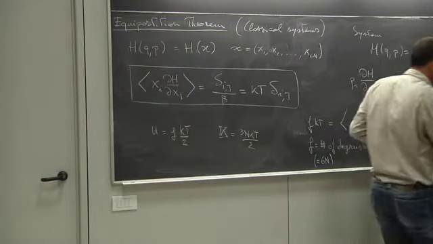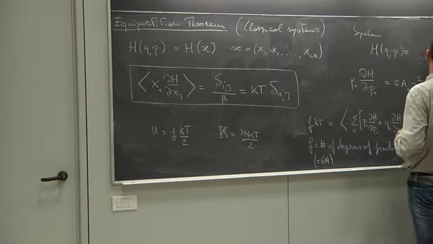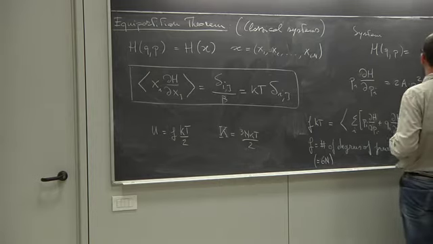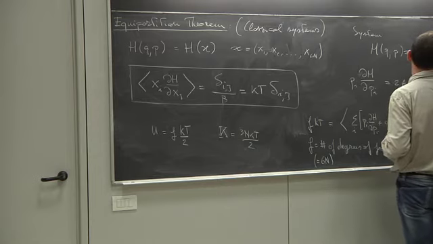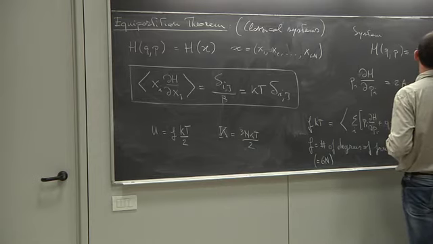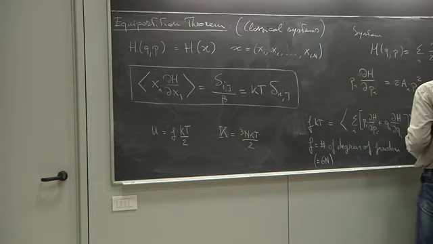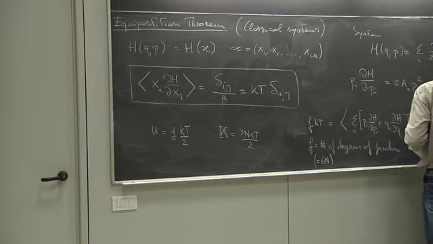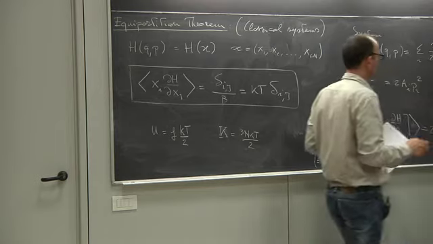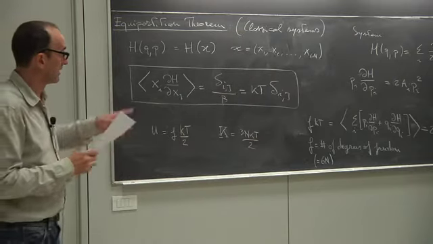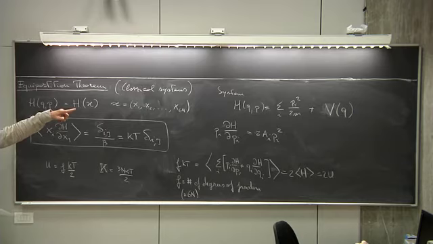Any classical Hamiltonian will have a kinetic energy which is equal to the sum over i of p_i squared over 2m plus, say, an interaction energy which depends on the positions.